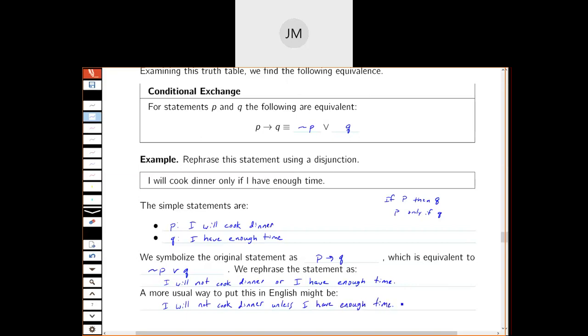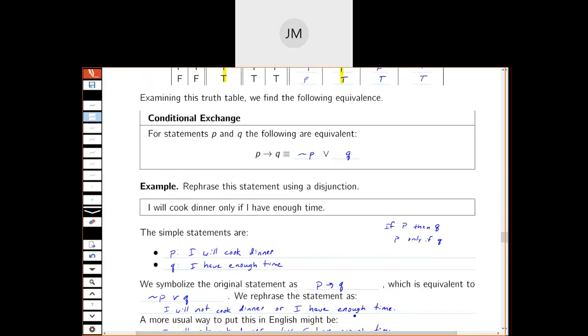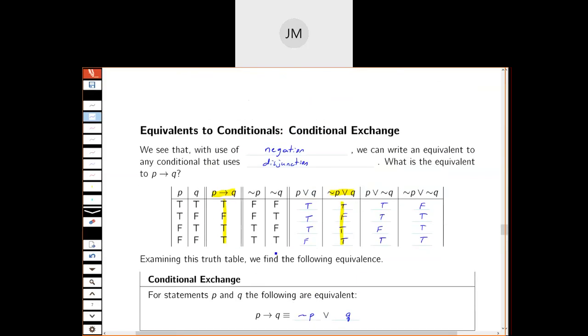Okay, and that is something that you would, I think, hear an actual person say. Okay, so this is the process of taking a conditional statement and turning it into a disjunction, right? Or just taking that if then and converting it into an or statement.